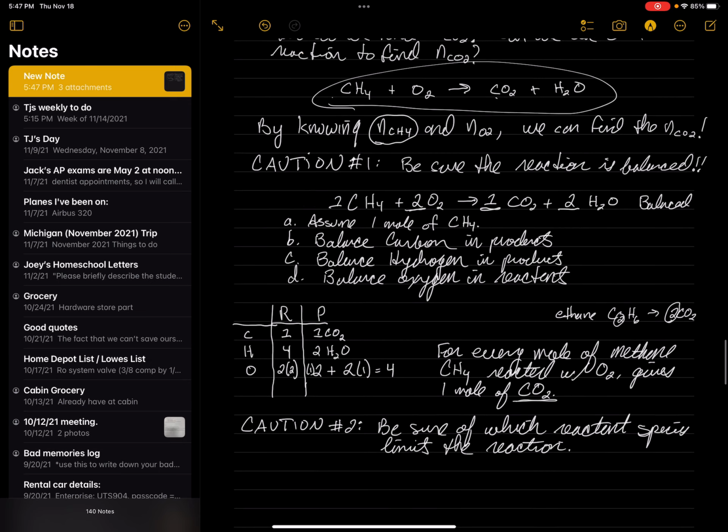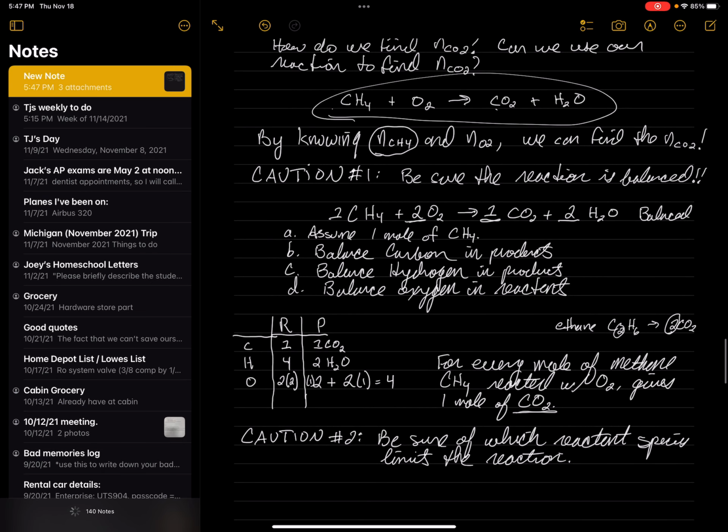Okay? So theoretically, I can concoct a situation where I have exactly 1 mole of methane and exactly 1 mole of oxygen to give exactly 1 mole of CO2, or excuse me, I can have a situation where I have 1 mole of methane plus 2 moles of oxygen to give exactly 1 mole of CO2 and 2 moles of water. But in real life, I'm not going to have those exact ratios of 1 mole of methane and 2 moles of oxygen.